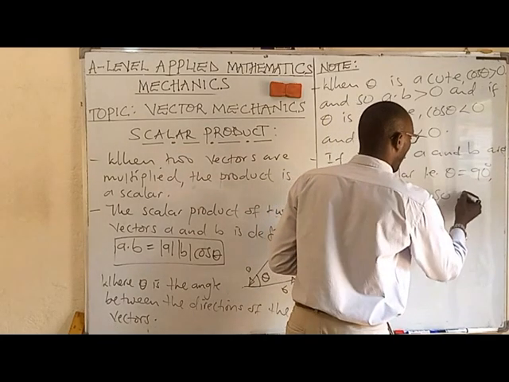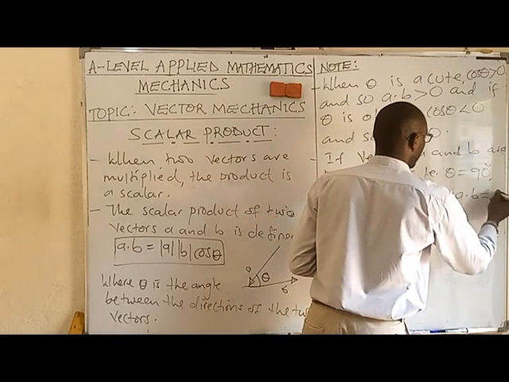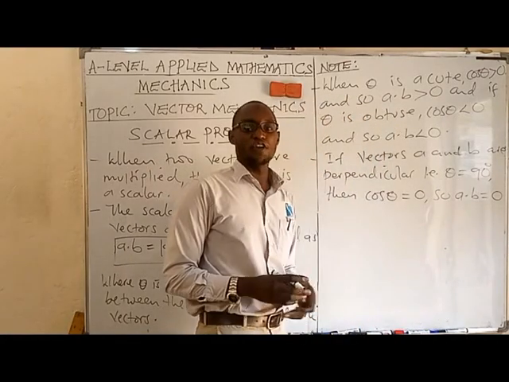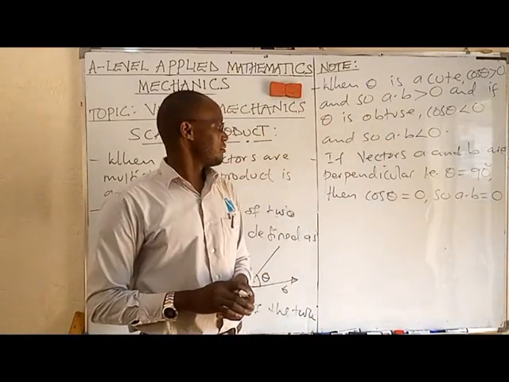So our A dot B is going to be 0. That is very true.